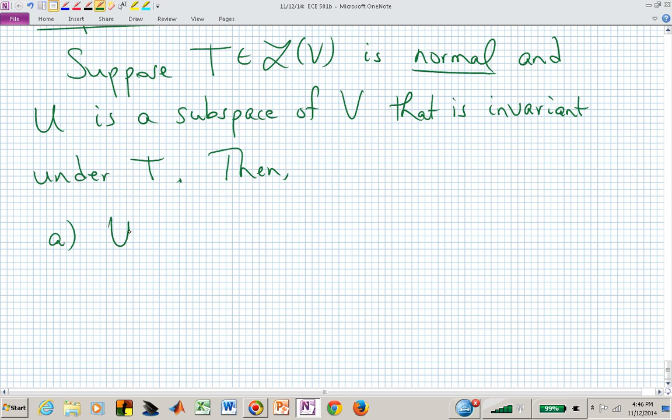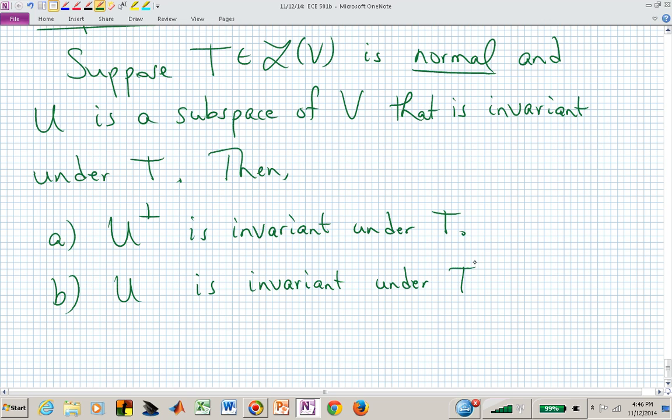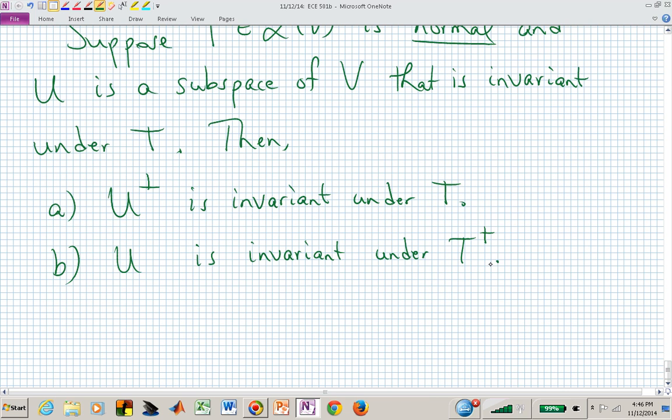One is that the orthogonal complement of the subspace U is also invariant under T. Another is that the original subspace U is invariant under the adjoint of T. So now we're starting to show a little bit more than what we had before.